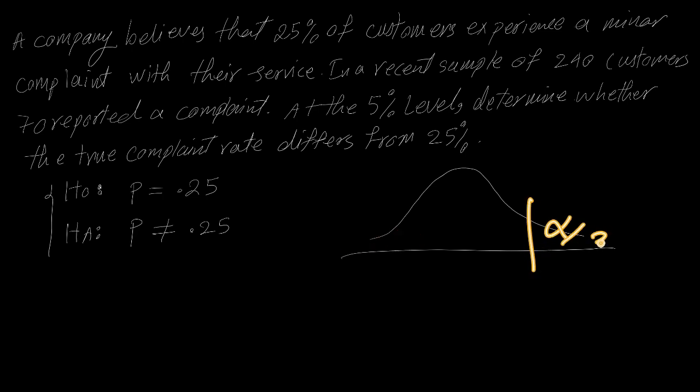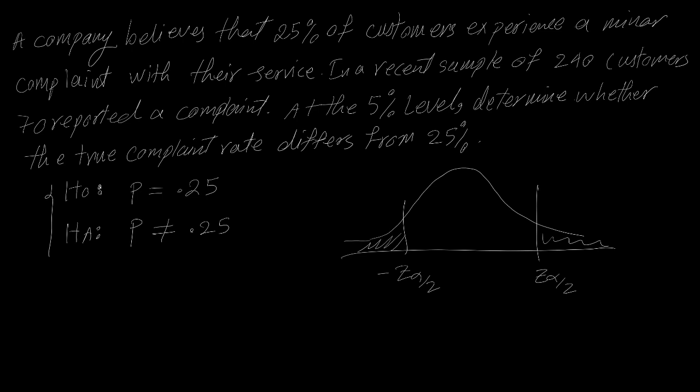So alpha half is here and alpha half is here. You need to remember that we have two rejection areas. Here is Z of alpha half and here is negative Z of alpha half.